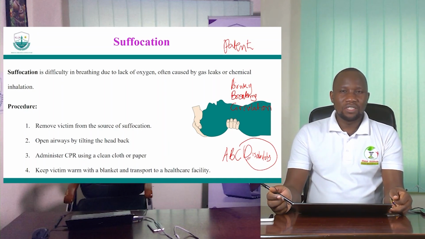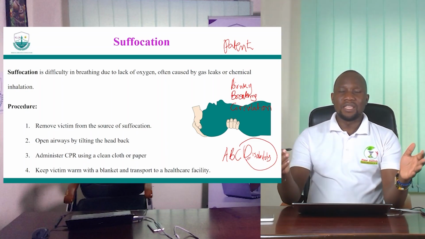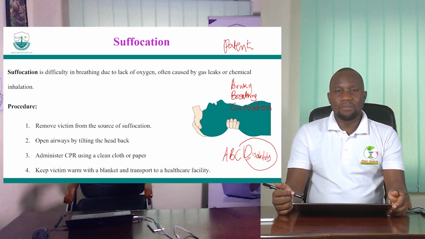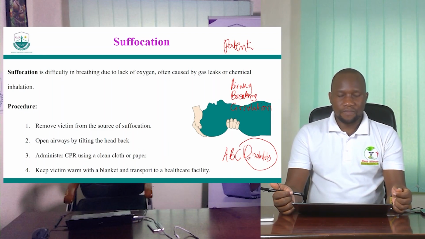So with suffocation, of course, you need to remove the patient or the victim from the source of the suffocation, and put them in a place where there is free circulation of air, so that they can actually take in the normal air that they are supposed to be taking.